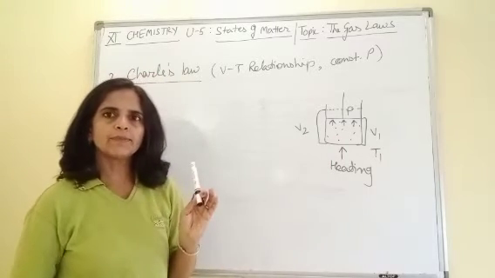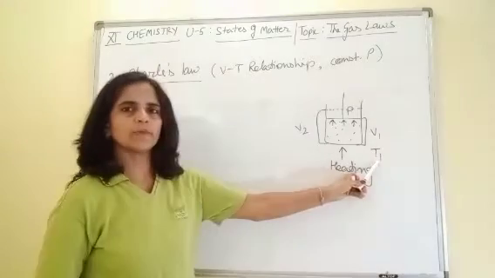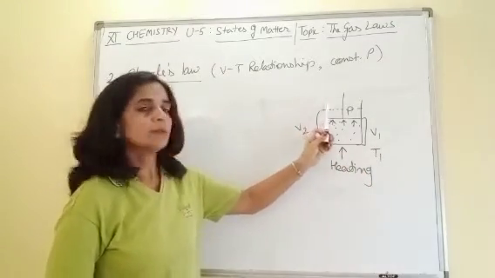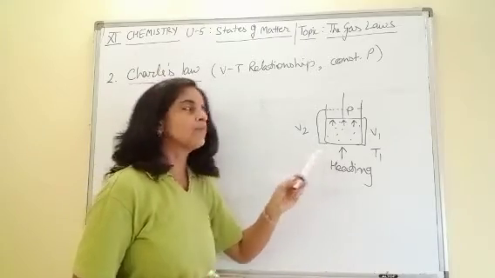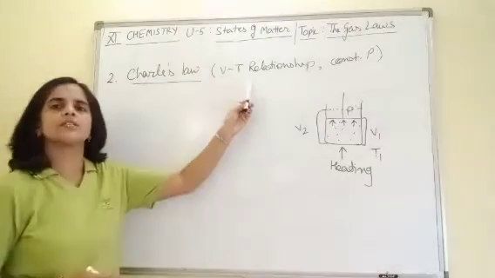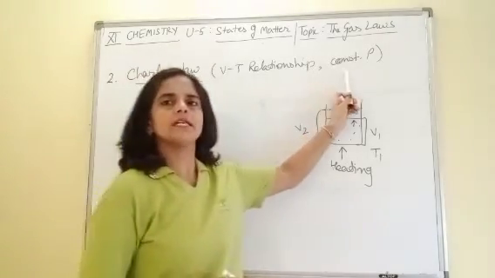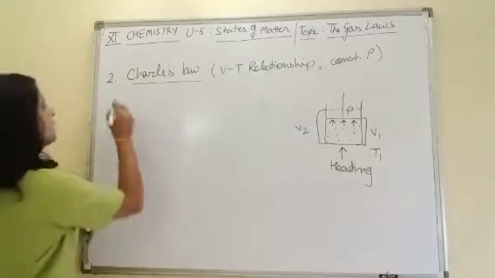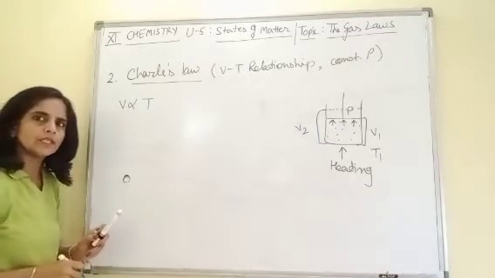Now the relation is clear between volume and temperature: when I start increasing the temperature at constant pressure, volume starts increasing. It means volume and temperature are directly proportional to each other at constant pressure. So we may write volume is directly proportional to temperature.